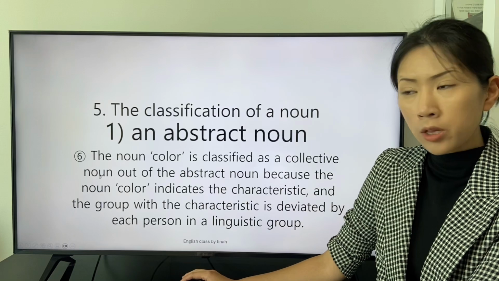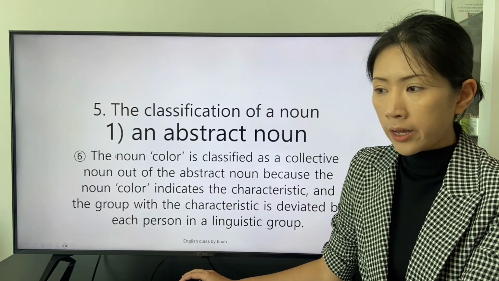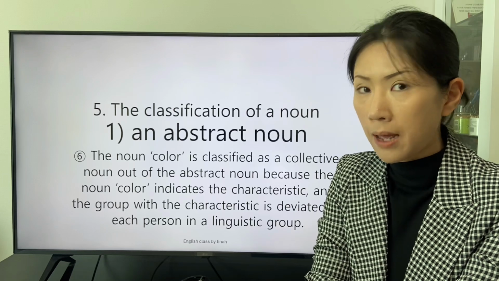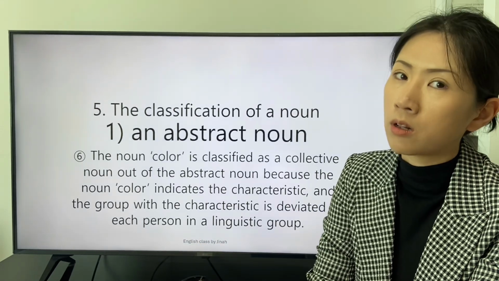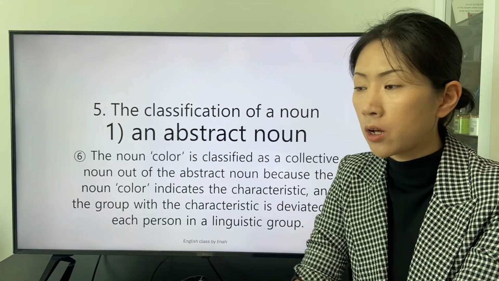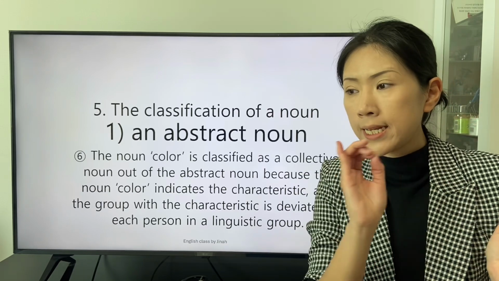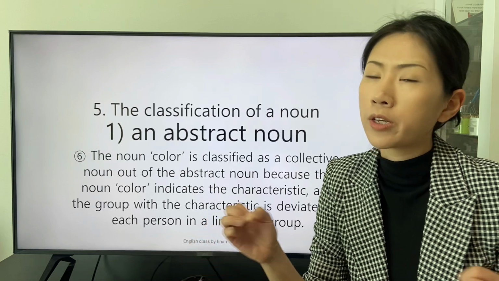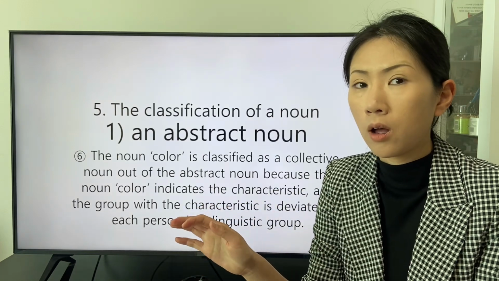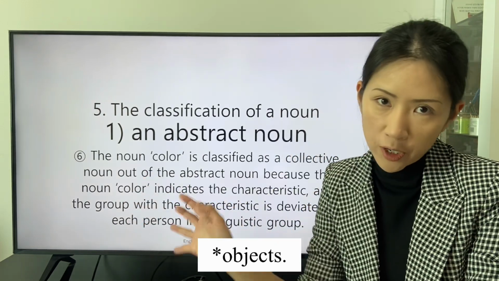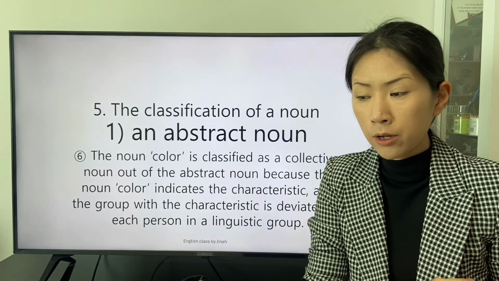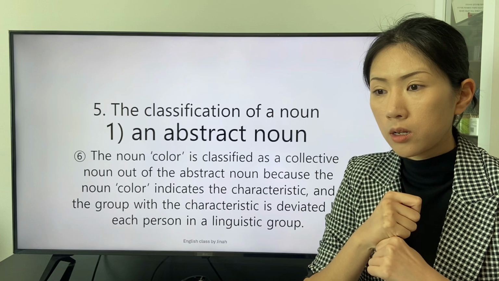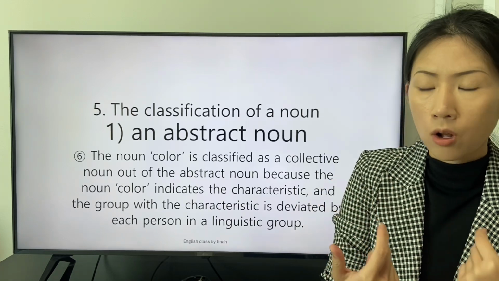The noun color is also classified as an abstract noun, especially a collective noun, because the color indicates the condition, which is a characteristic of a group of objects. The noun color is defined with different colors.